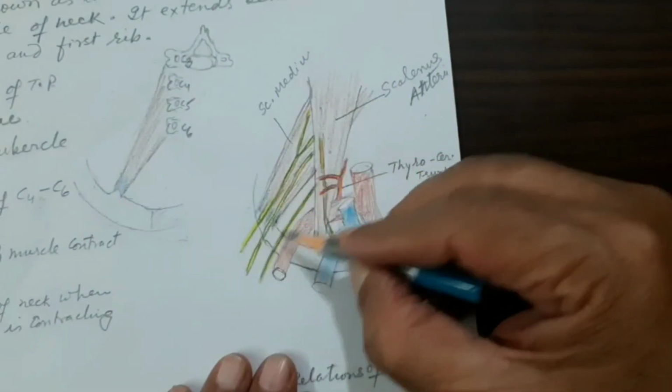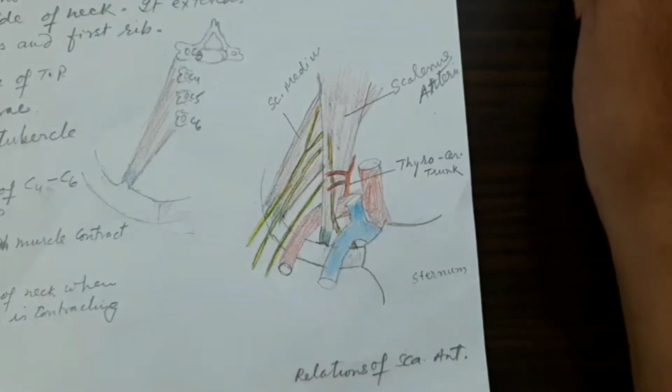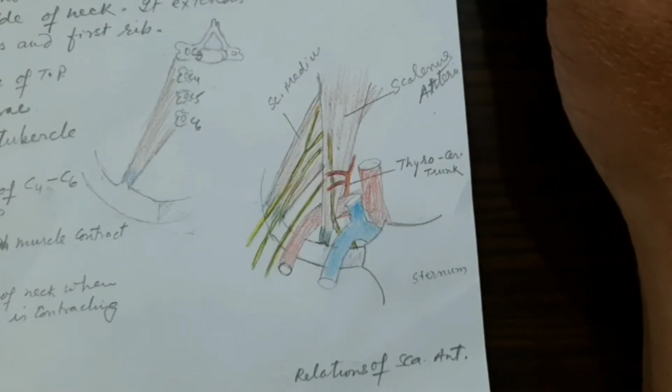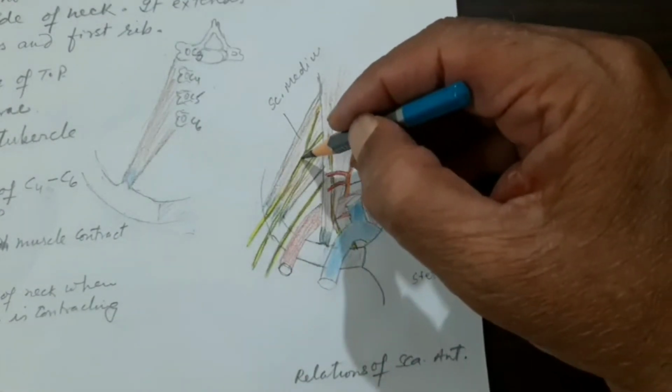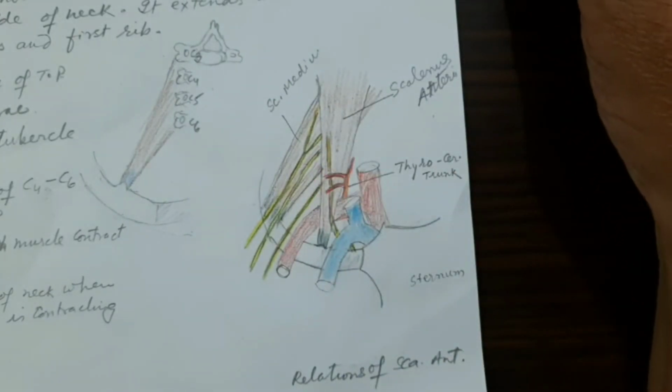Here you can see the nerve trunks which are coming out. They are the trunks of the brachial plexus: the upper trunk, middle trunk, and inferior trunk.